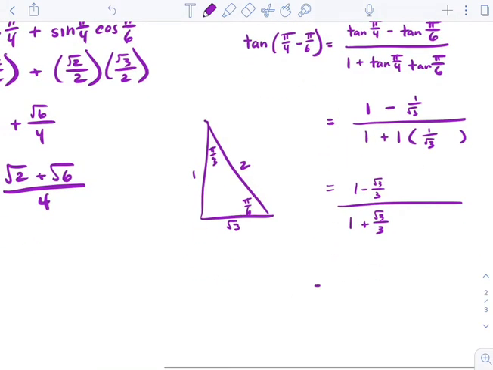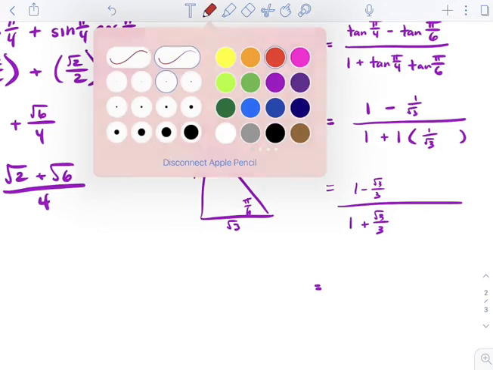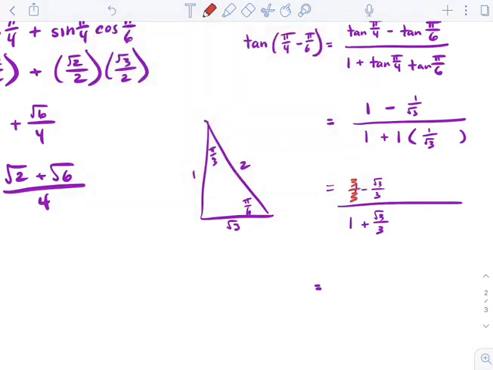If I got this to be 3 over 3 instead, and for here to be 3 over 3 instead, I would have 3 minus root 3 over 3. That's the numerator. And it's being divided by 3 plus root 3 over 3.